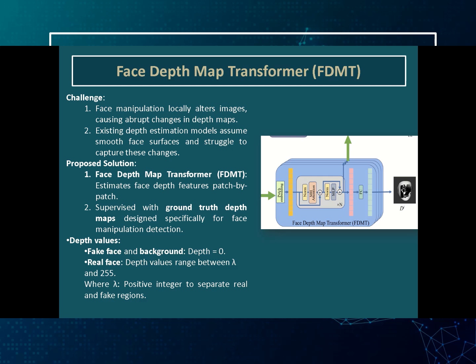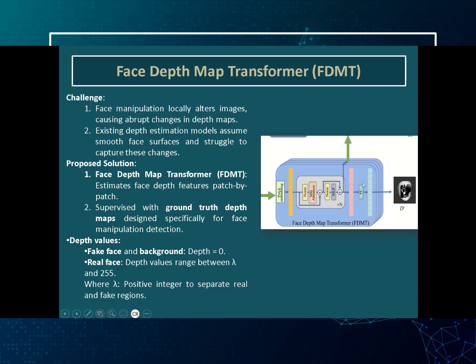But in the face depth map transformer, they also use a supervised technique. What supervised technique? They use the real face depth maps as ground truth. For the ground truth, they already use a state-of-the-art model to get the original face depth maps.